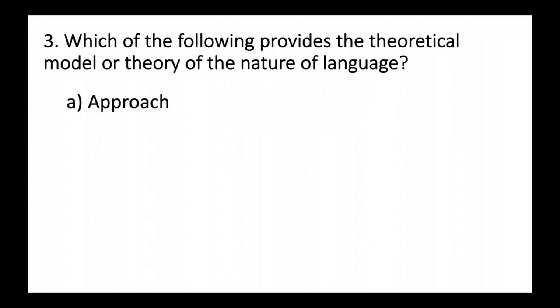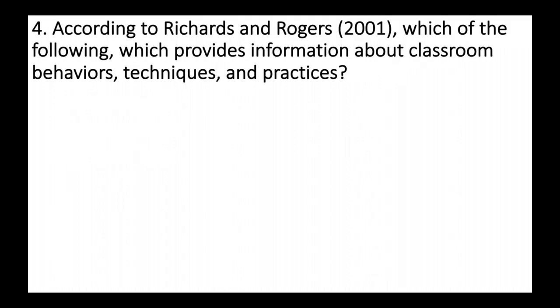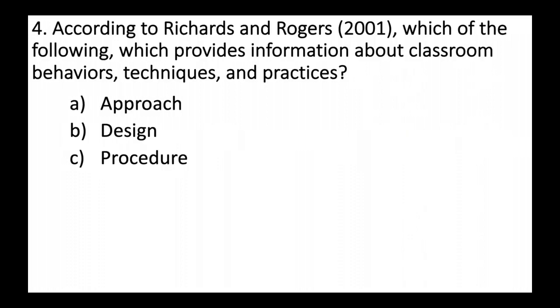A, is it approach? B, is it procedure? C, is it technique? Fourth question, according to Richards, which of the following provides information about the classroom behavior, techniques, and practice? A, is it approach? B, is it design? C, is it process? All right, so those are our 4 questions on the definitions.